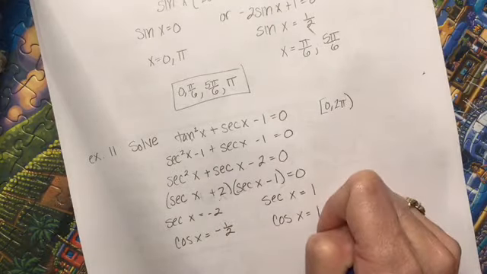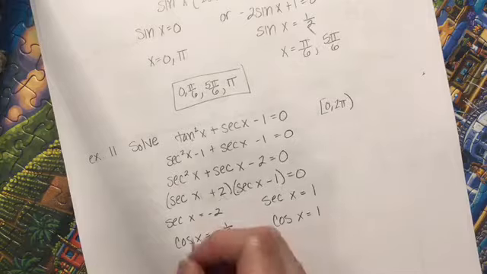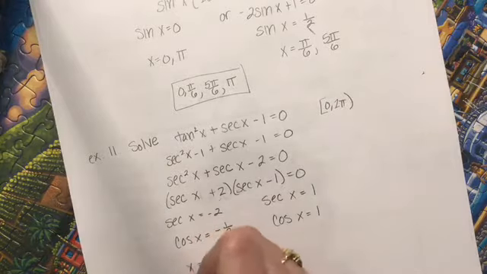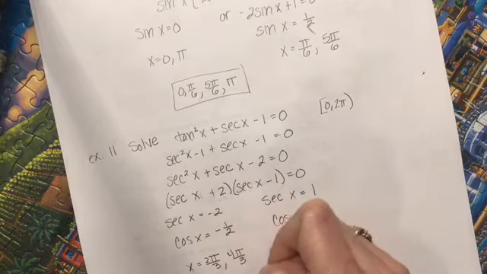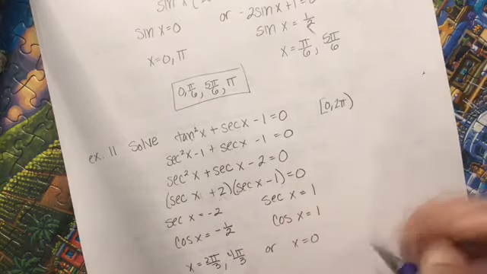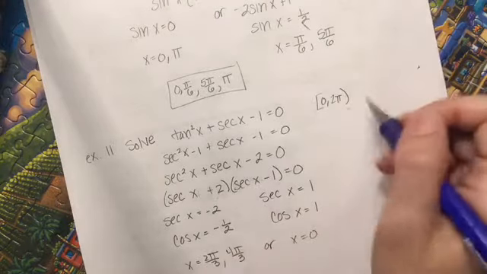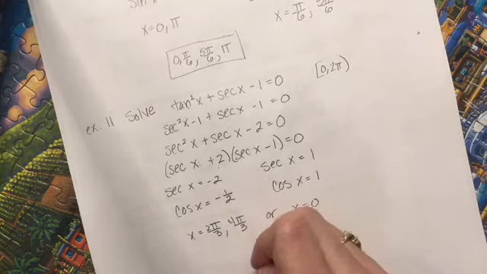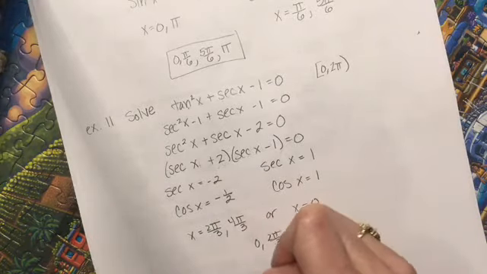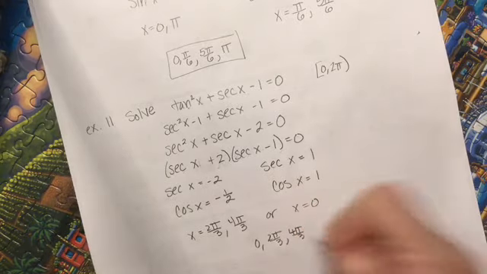That didn't change. So let's just look at it in terms of cosine. The cosine is negative 1/2 at 2 pi over 3 and 4 pi over 3, or x equals 0. We check all the values. They all work. They're all within the interval. So your solutions are 0, 2 pi over 3, 4 pi over 3, and that's it.